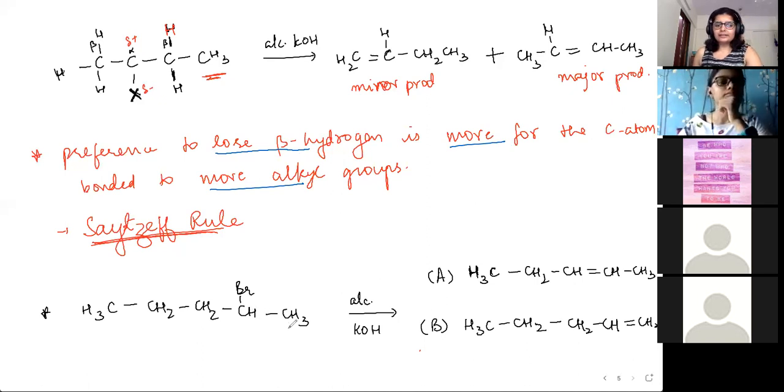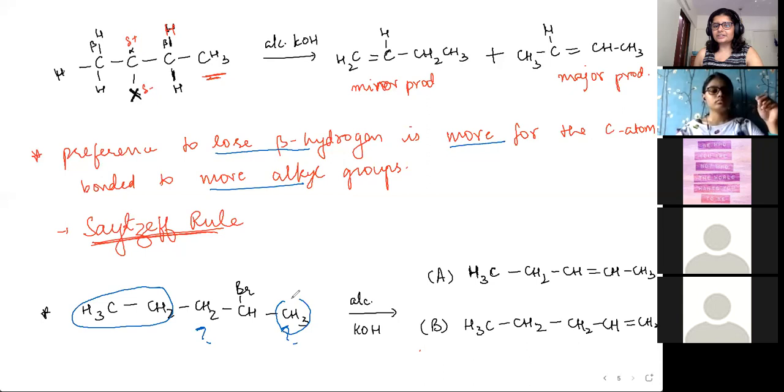These are the two possibilities to lose a beta hydrogen from, because they are one carbon away from where the bromine is. Now this particular carbon atom has this whole entourage behind it, more alkyl groups, and this particular carbon atom is just plain CH3.